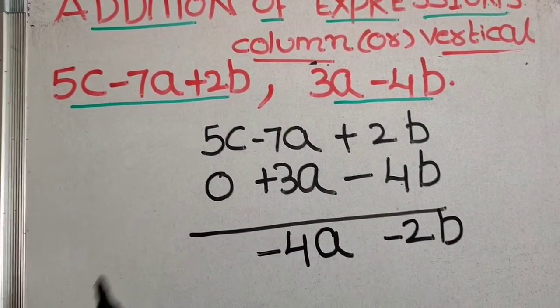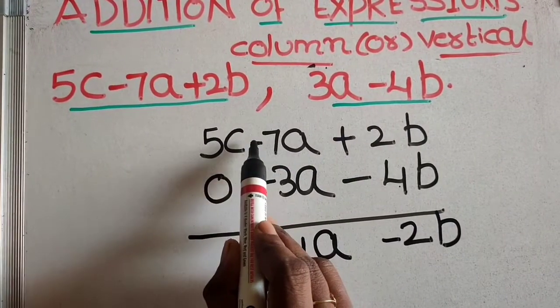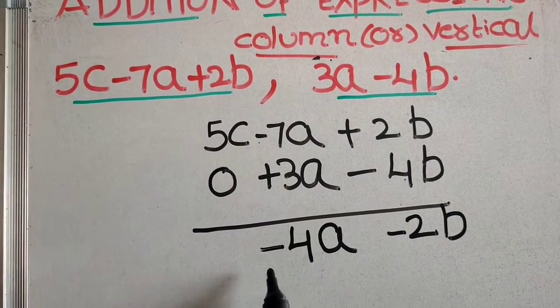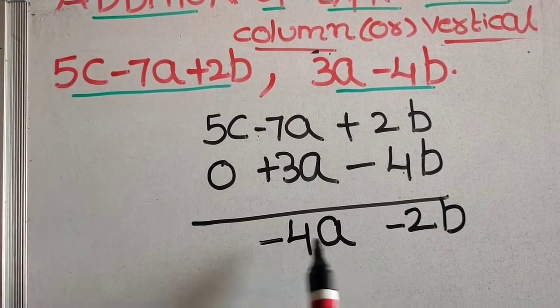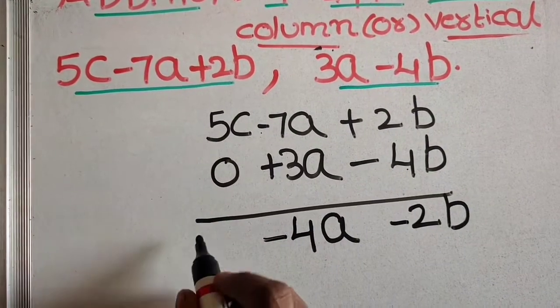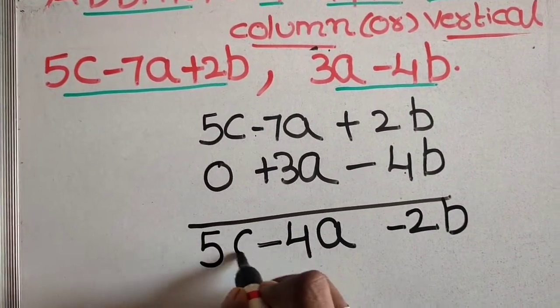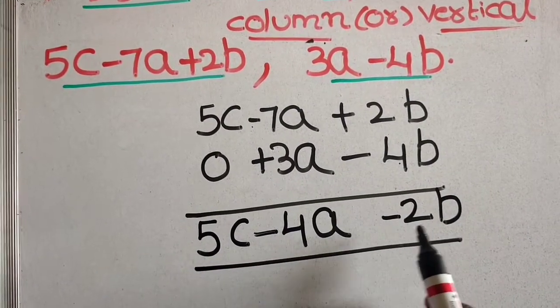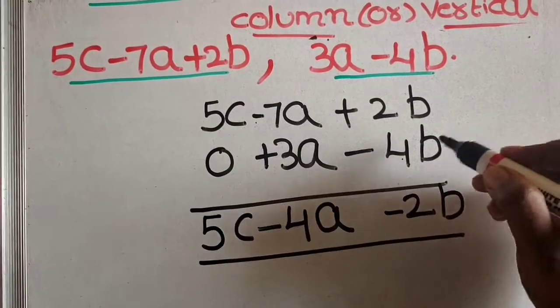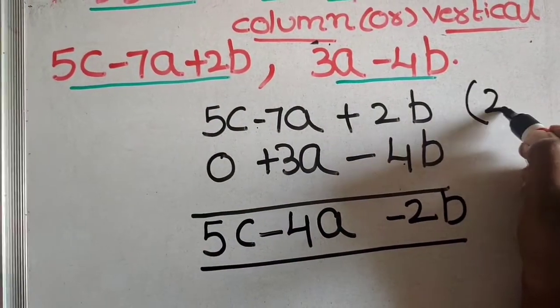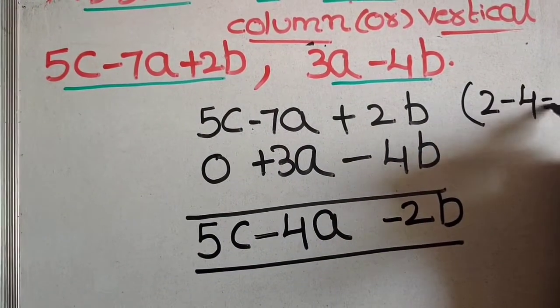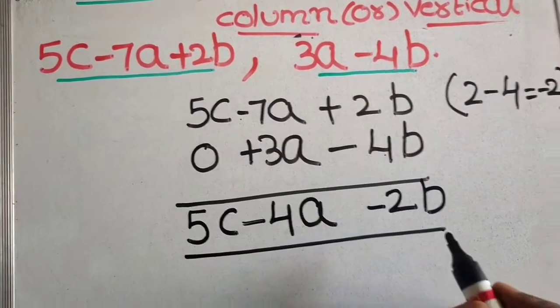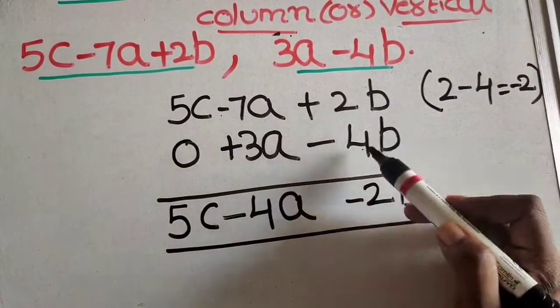Yes, minus 4a, because 7 is greater and it has a minus symbol. So whatever result we get, we take the bigger number's sign. So 5c minus 4a minus 2b is our answer when we do it in the column or vertical method. So 2 minus 4 gives minus 2.